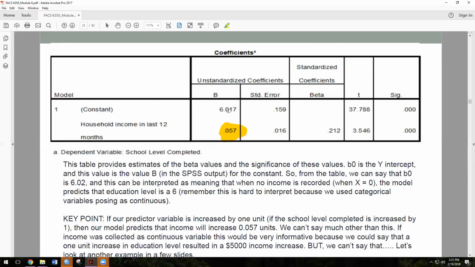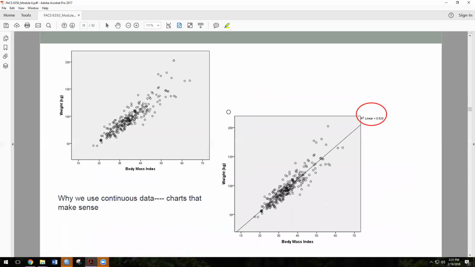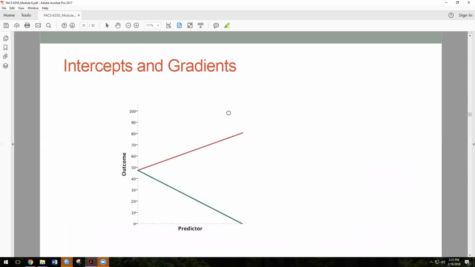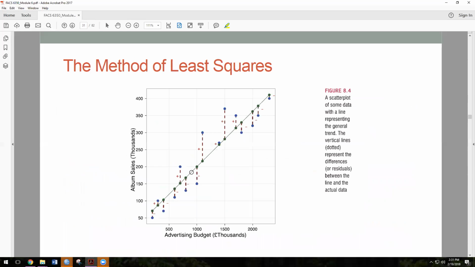The constant doesn't change. The slope and the gradient are the same thing. With our intercept and gradient, I can have a positive or a negative gradient or slope, and my intercept is always going to be a constant where it hits the y-axis.